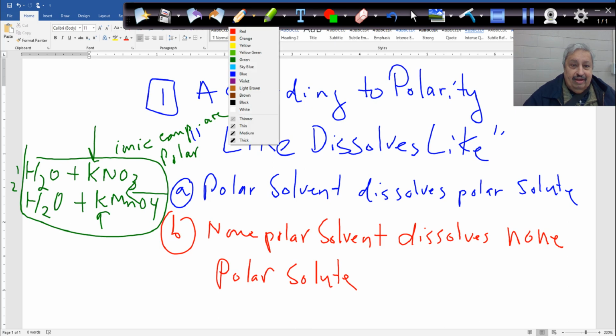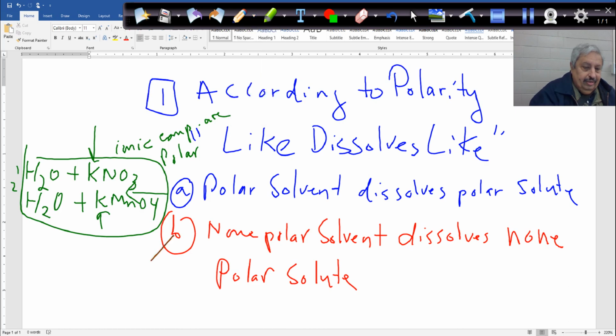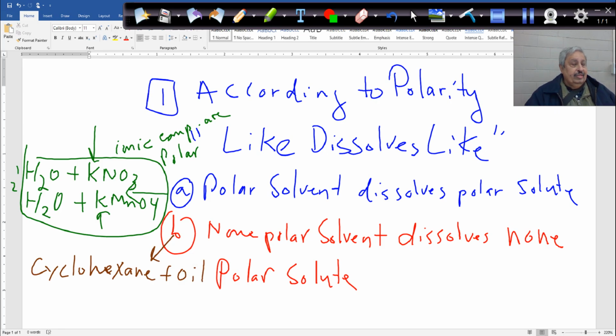However, we have two nonpolar solutions, where the solvent is cyclohexane, nonpolar. Cyclohexane, we'll mix it with oil. This is very nice. When I say solutions are homogeneous mixtures, it means if you look at the solution in the test tube, you will not see two layers. You will see one single layer, not two layers.